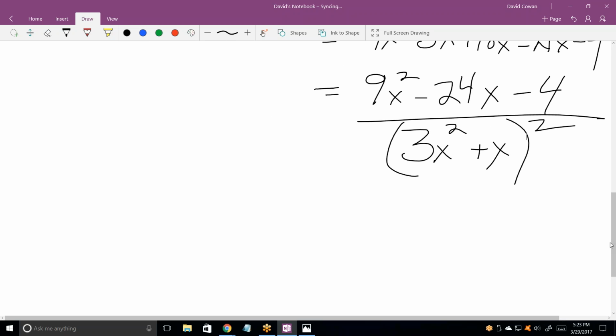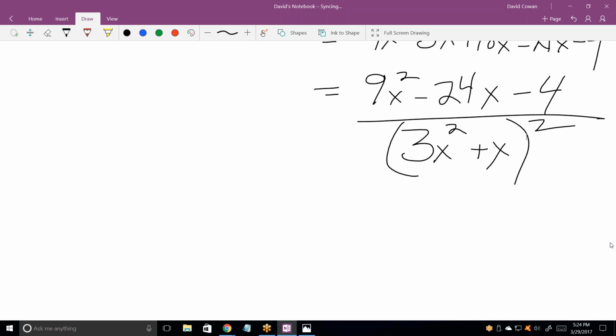Now, I can't do anything more to that. Even if I could factor, the top is a normal looking quadratic, and one might be tempted to try to factor it just to see whether you may come up with 3x squared plus x as one of the factors. Well, obviously you can't come up with 3x squared plus x.